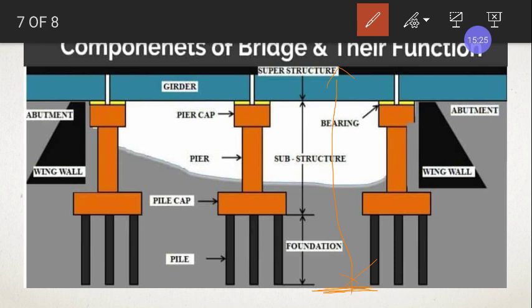Up to this beam, can you see this beam? This height is called the substructure. It includes the foundation, whose type depends upon the type of soil, and above that, the pier, abutments, and wing walls.